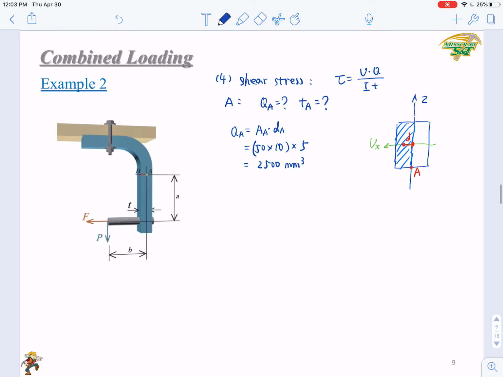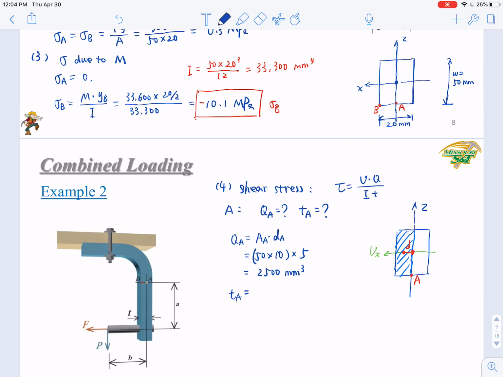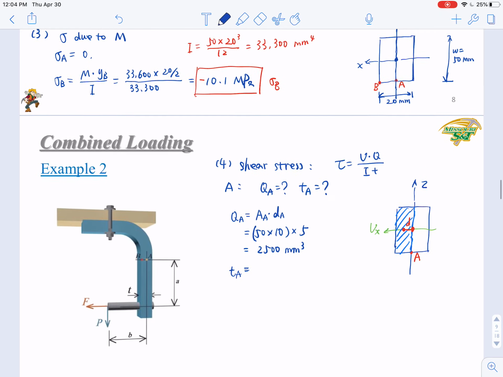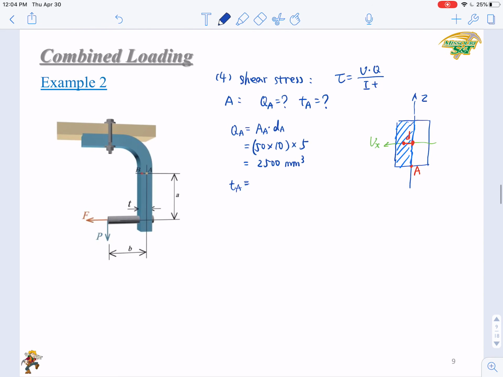And the t_A. I recall our theory when we derived the equation tau equals VQ over IT. So what is the t_A here? Will that be the t value 20 or the w value 50? Recall the definition of this thickness, and you will realize that t_A equals 50 millimeters. Now we can calculate tau A, that is VQ over IT.